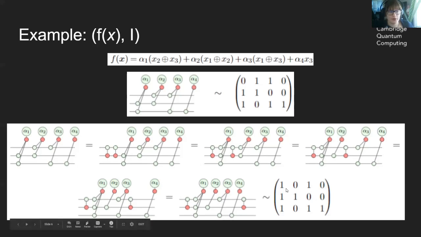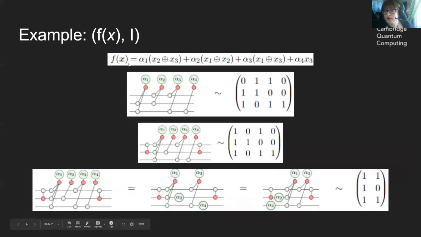Now, those of you more familiar with ZX calculus see that this last diagram can be simplified even more. So we have our phase polynomial representation, we push the CNOT through, and now we have these trivial phase gadgets, right?